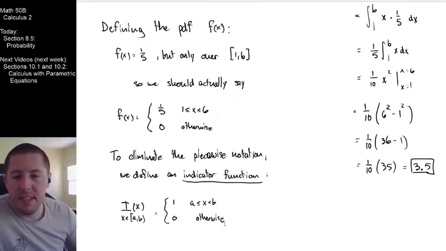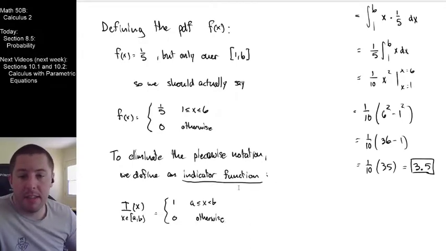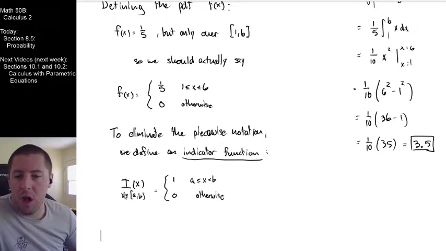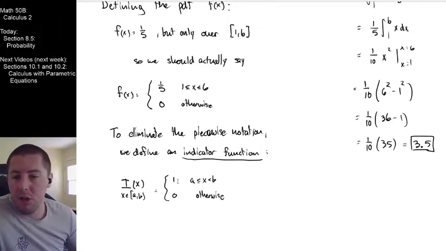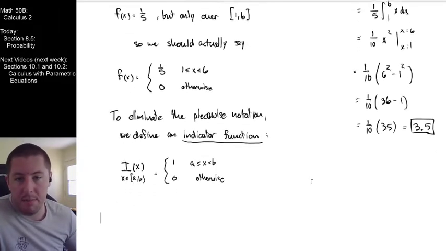So this indicator function, I of x, notice that indicator functions will always have a little descriptor underneath them of when they are on and when they are off. You should think of 1 as the on state and 0 as the off state. So this is a light switch function. It's on, with a value of 1, if your x value is in the stated bounds, and it's 0 if it's not within the stated bounds.